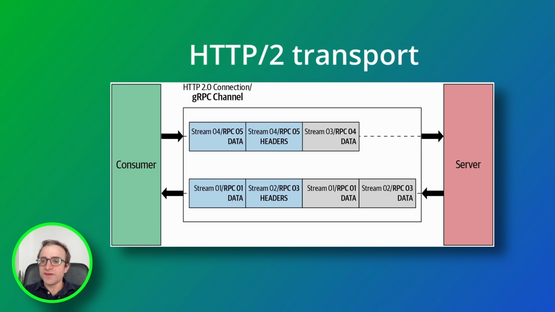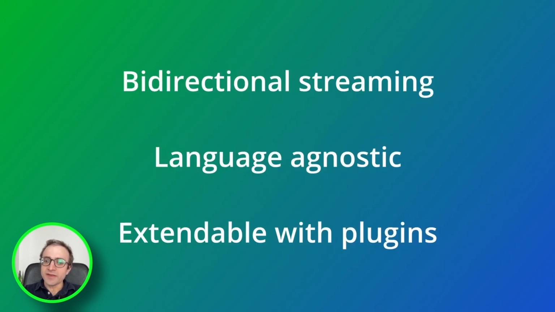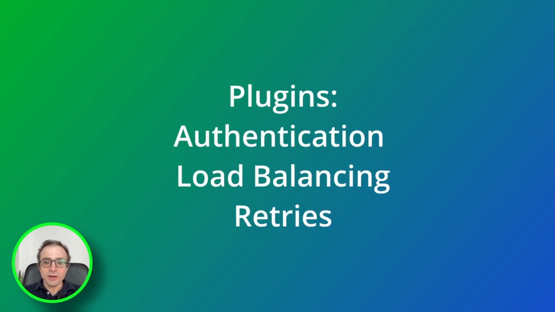HTTP2 is a more efficient transport method because it can multiplex several messages in the same session. In addition, gRPC supports bidirectional streaming. It's language agnostic and it's extendable, with a plugin system offering things like authentication, load balancing, and retries.